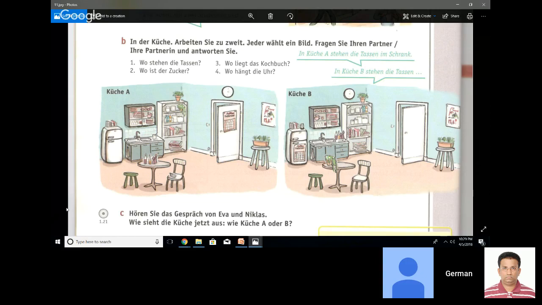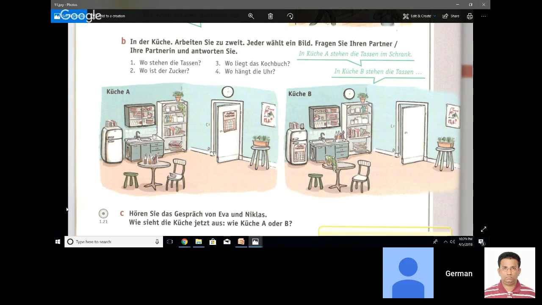Dative, because it is lying in the cup. Right. What is the dative article for feminine? Der. So once again, der Zucker ist in der Tasse. Yes, sehr gut.